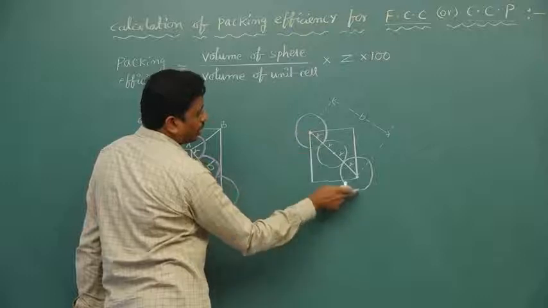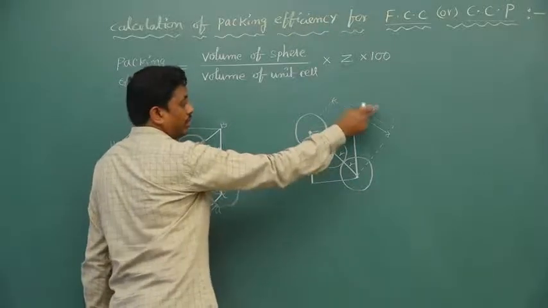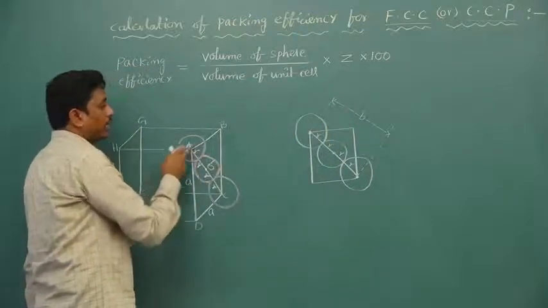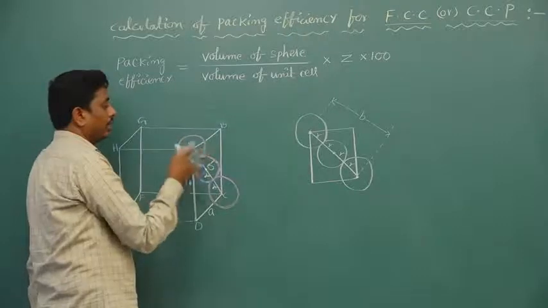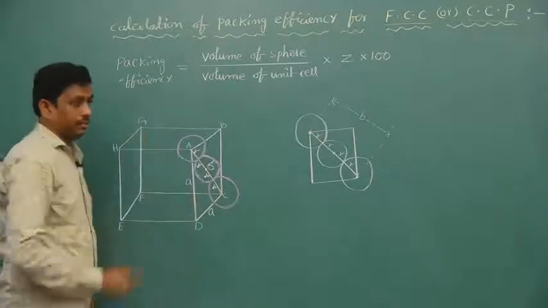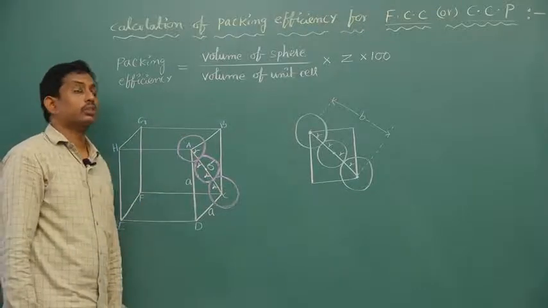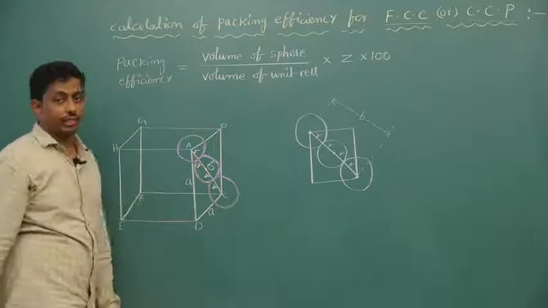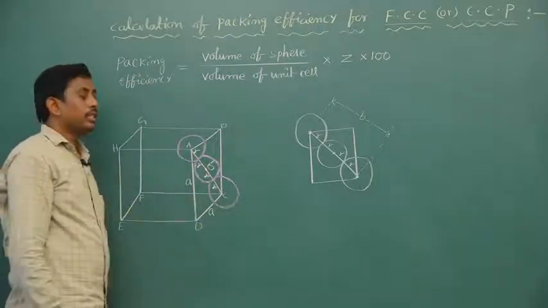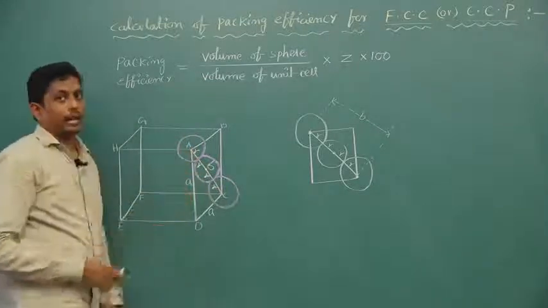Means the face diagonal is 4r, that is equal to B. Observe in the diagram, same. And each corner I am denoting with a letter A, B, C, D, E, F, G, H. So, this is the diagram for the FCC unit cell to calculate packing efficiency. For simplification, I consider only one face, along whose face diagonal spheres are in contact.